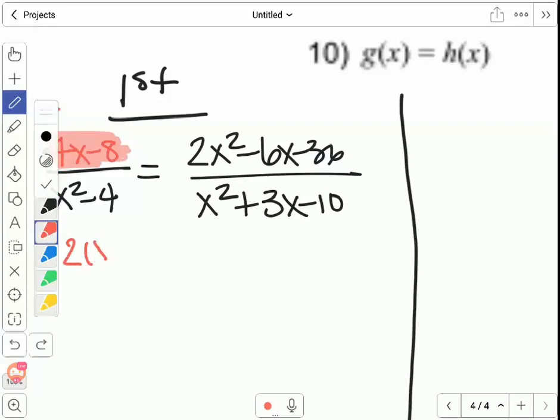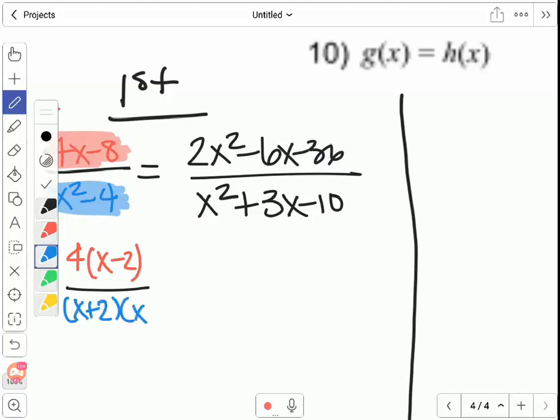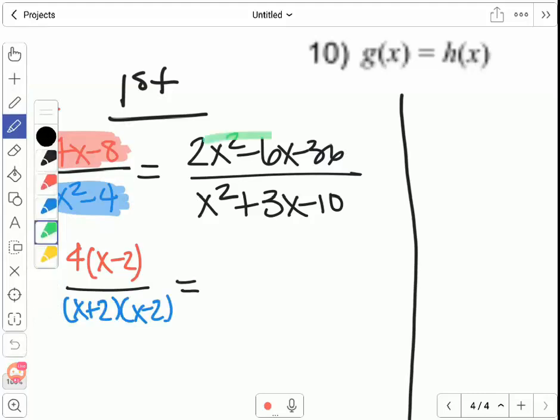Every time I try to do this problem, I kept doing this. Let's try that again. That's 4 times x minus 2 divided by x squared minus 4, which is x plus 2 times x minus 2, is equal to 2x squared minus 6x minus 36.